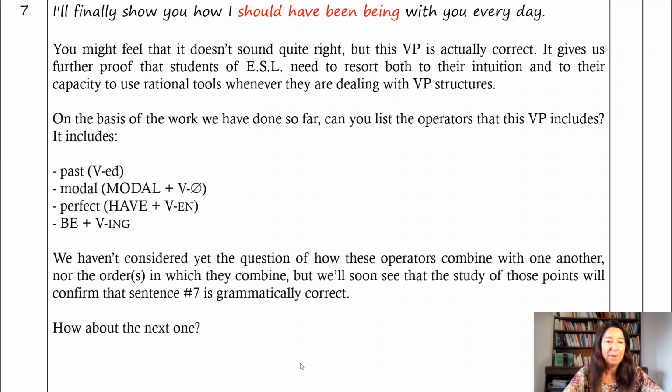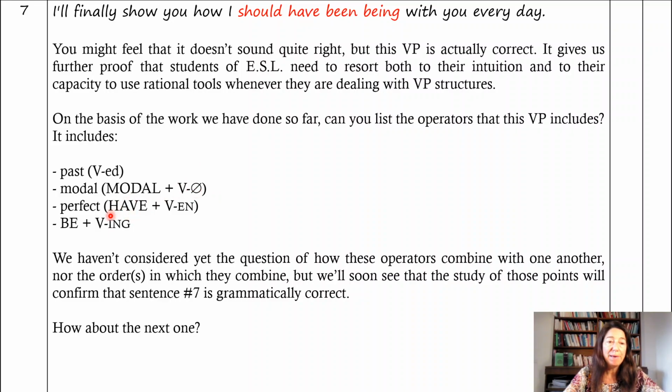Okay, so those operators are, we can see that this is not shall in the present tense, this is should in the past tense. So we have the past tense here on a modal, and that modal is followed by a verb base. Okay, so past tense, VED, a modal in the past tense, so that's should, followed by a verb base, that's have.